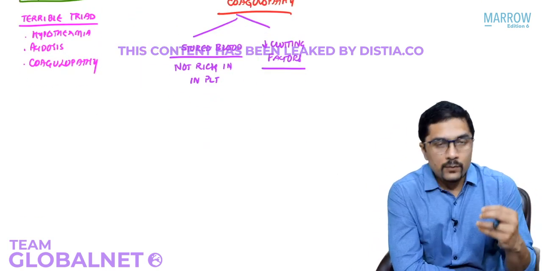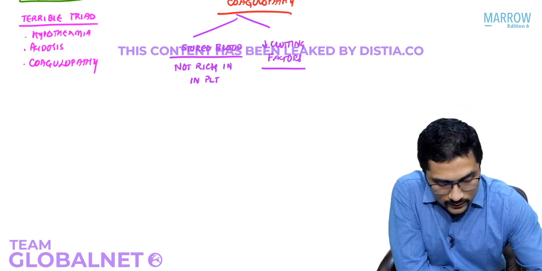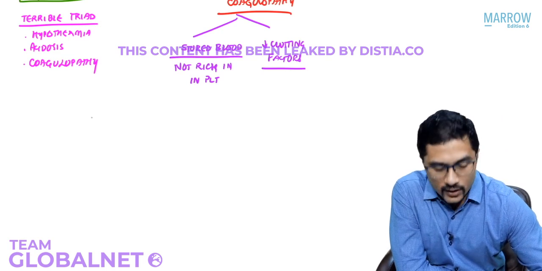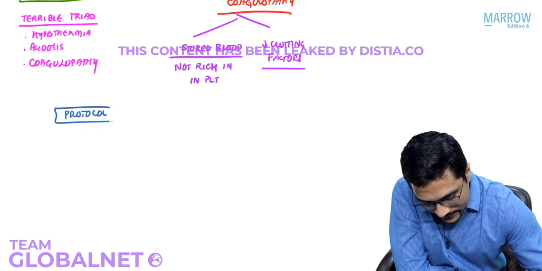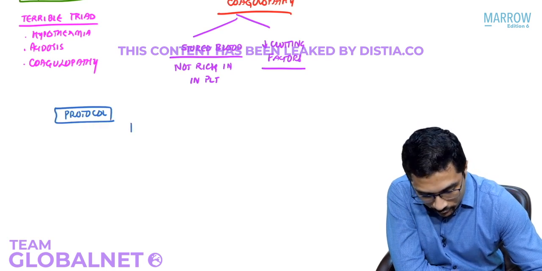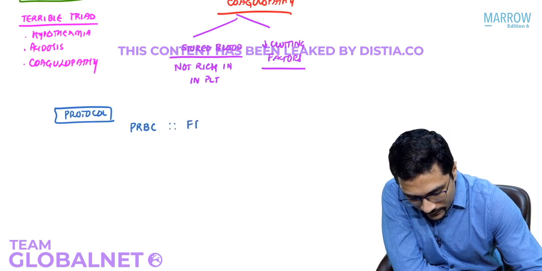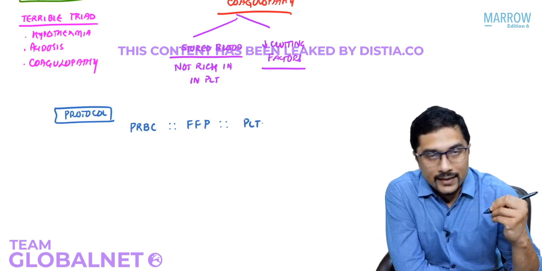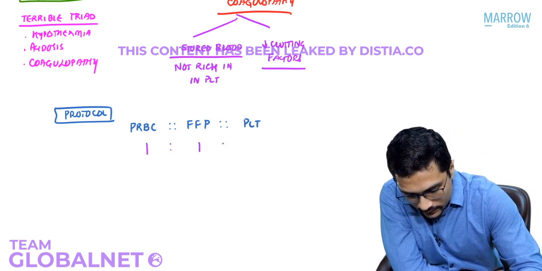Now, how to deal with this problem of coagulopathy in massive blood transfusion? To deal with this problem, the massive blood transfusion protocol, and this has also been asked 2 or 3 times, is that the ratio of PRBC to FFP to platelets in massive blood transfusion should be 1:1:1.